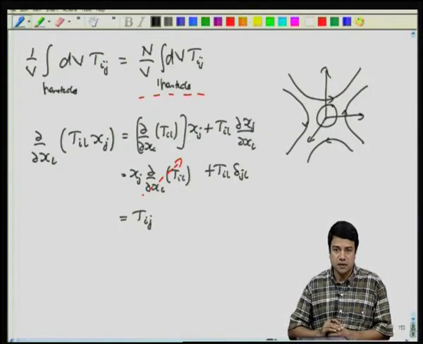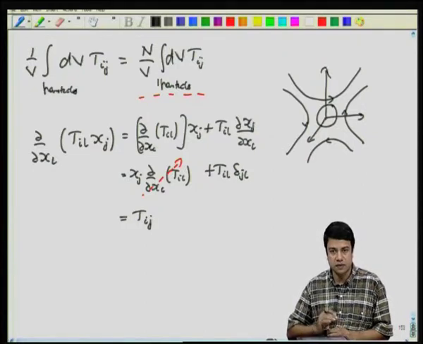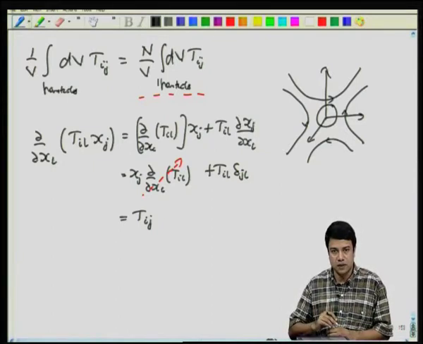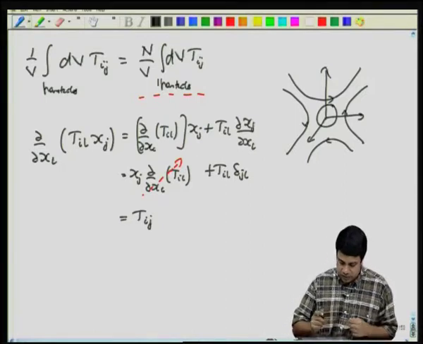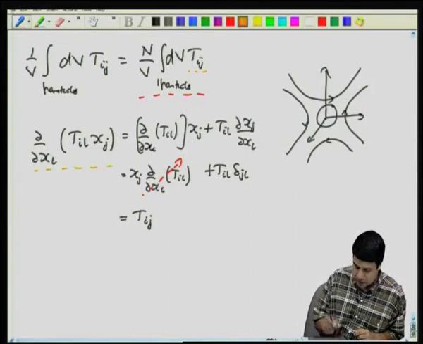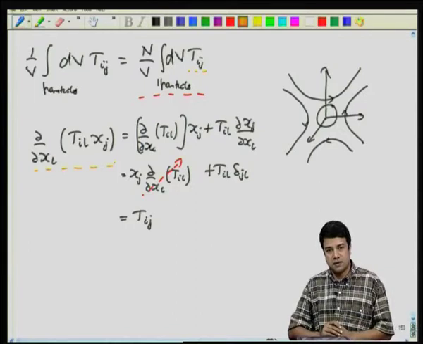So, this is a little bit of additional information that I have used about the solid itself, which is not clear a priori, but provided I can neglect inertia in the solid, the mass is not too high, I can always neglect the divergence of the stress tensor within the solid. So, now for this T_ij, I can substitute this divergence.